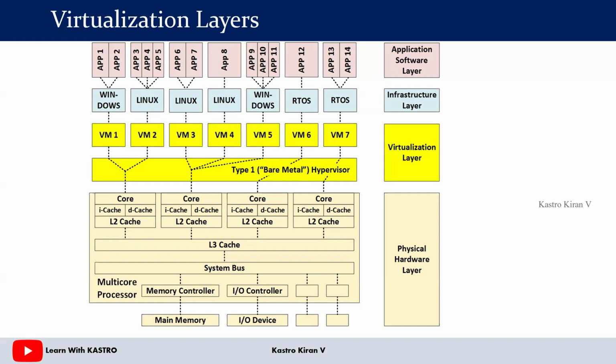The third layer is the infrastructure layer, where we install multiple operating systems in the virtual machines. Once we install the operating systems, I am going to host multiple applications on top of the infrastructure layer. So these are the different layers available in the virtualization concept.